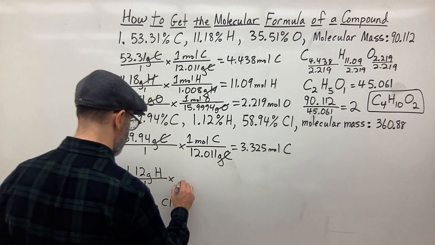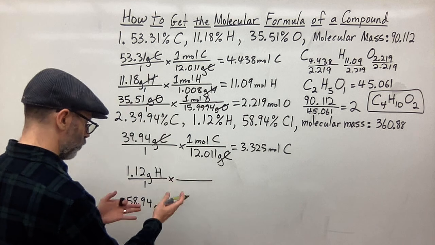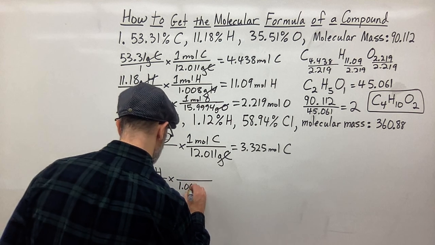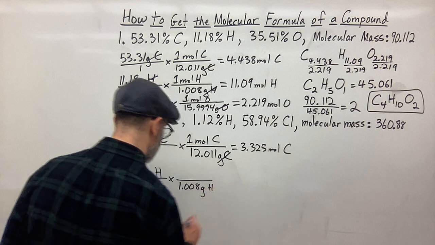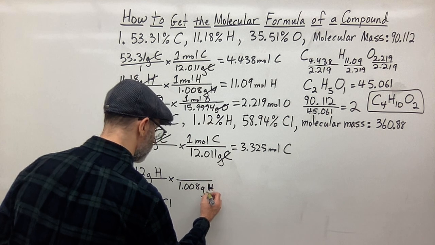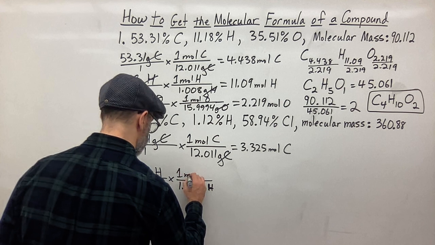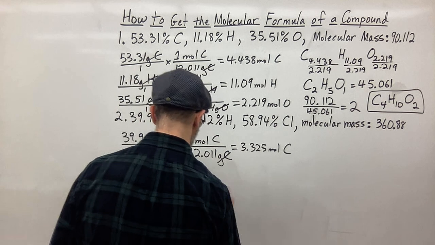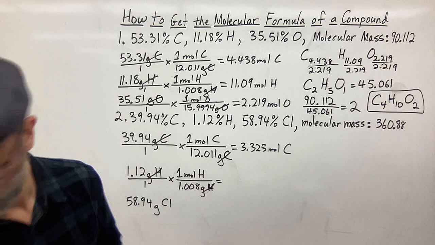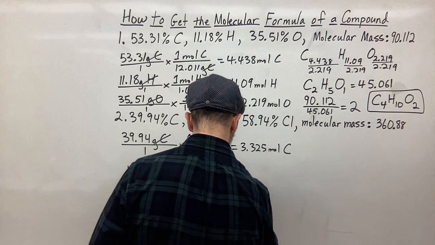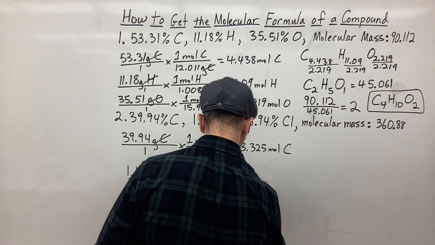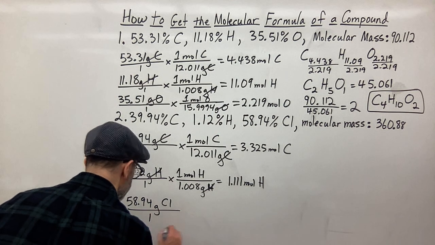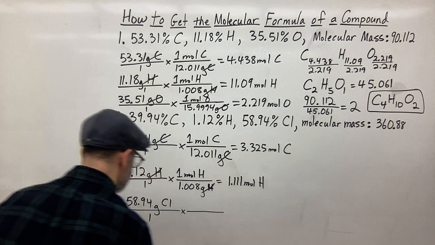I'm going to multiply that by the conversion factor of its molar mass: 1.008 grams of hydrogen on the bottom, and then 1 mole of hydrogen on top, so grams cancels out. When I calculate that out, I get 1.111 moles of hydrogen.